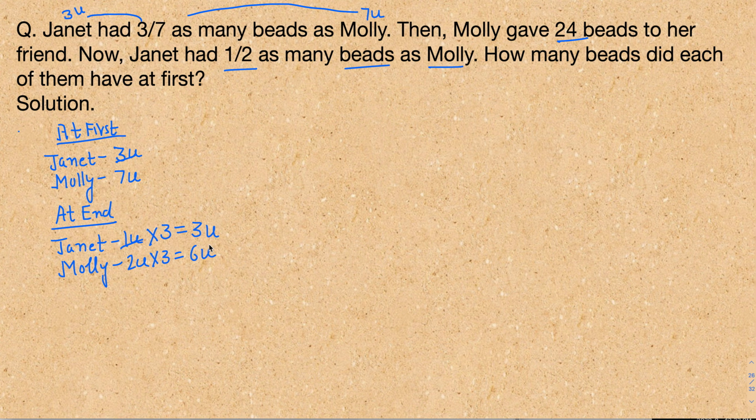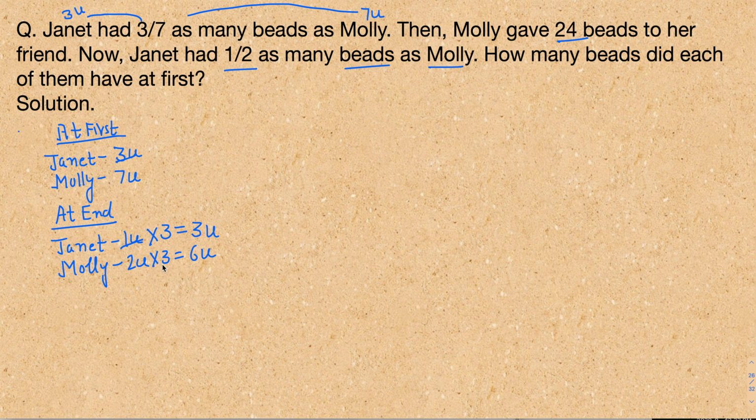Janet should still be half of Molly's. So we have to multiply both Janet's and Molly's units by 3. Don't only make Janet's unit equal to 3 and forget to multiply Molly's unit by 3. You have to multiply both.